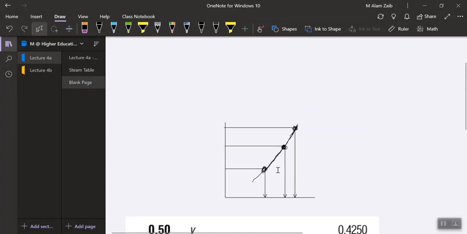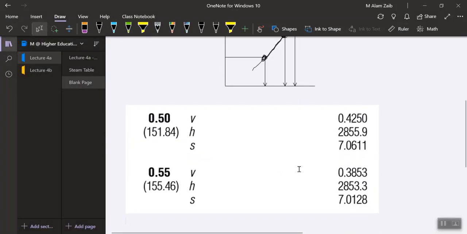So what we have got over here is a pressure of 0.5 and a pressure of 0.55, corresponding to a volume of 0.4250 and a volume of 0.3853 at a temperature of 200 degrees centigrade.